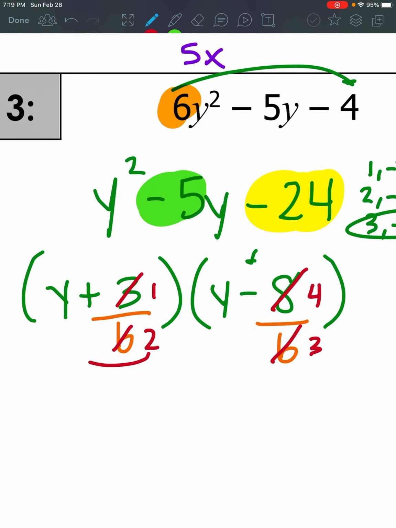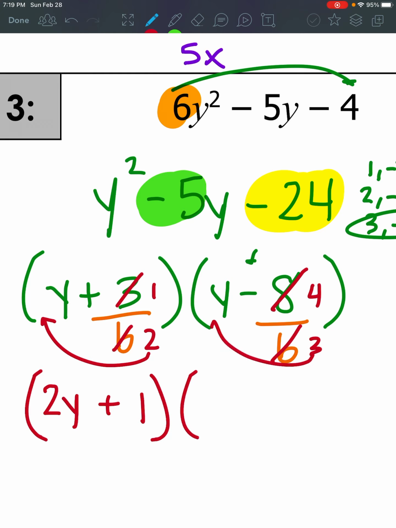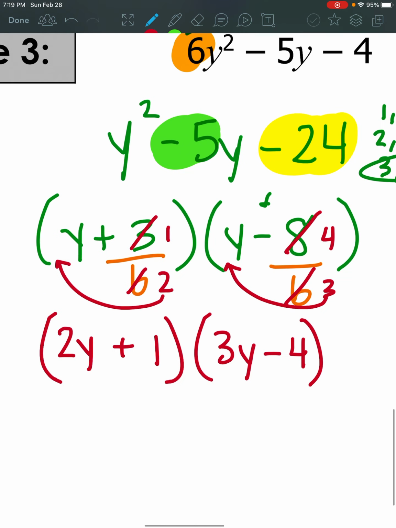And then last step, we will slide our denominators over. So 2y, and then there's just a 1 left on top, so plus 1. And then slide that 3 in front, so 3y minus 4.